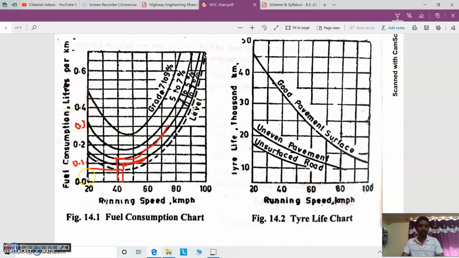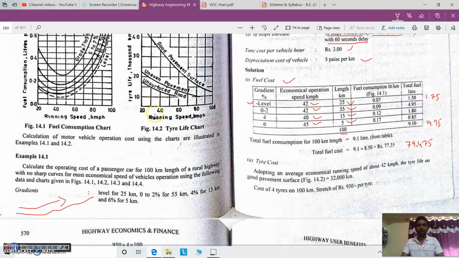When you measure it to the scale, it is around 0.07, and that is written here. Similarly for 42 kmph it is 0.09, and for 40 kmph it is 0.12.